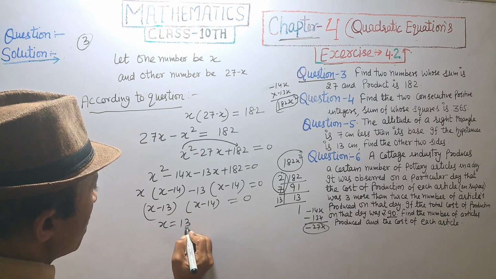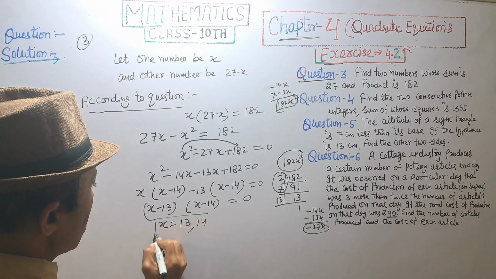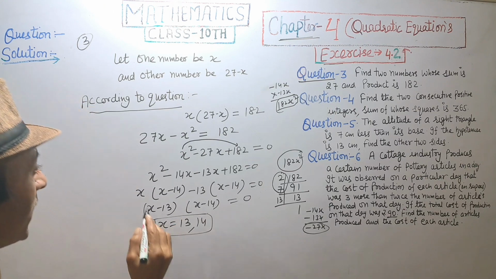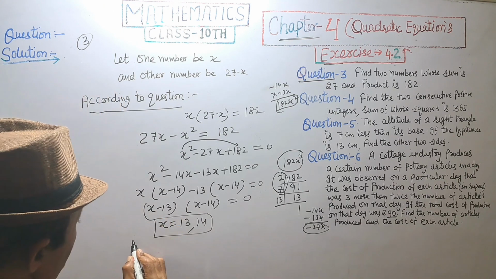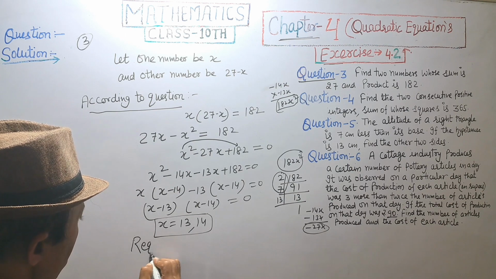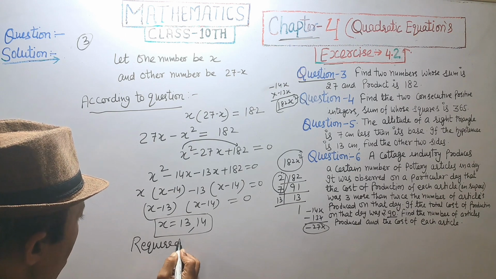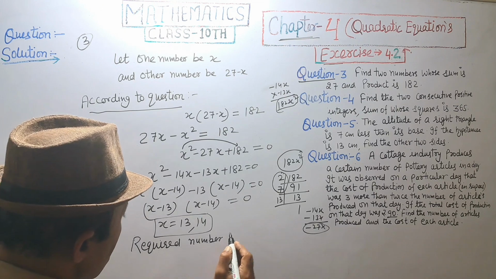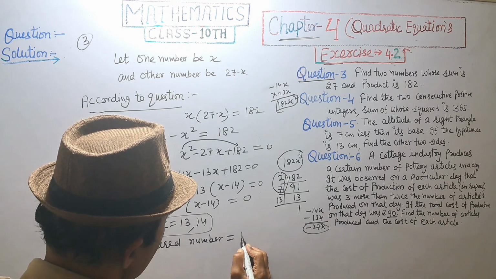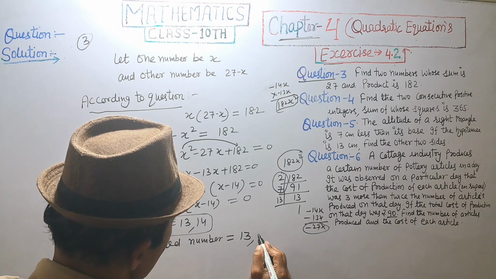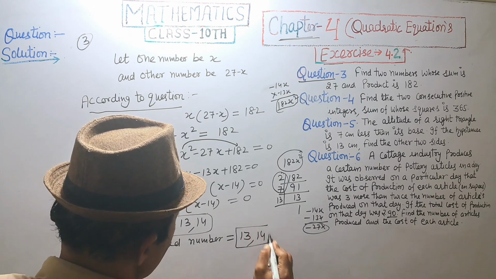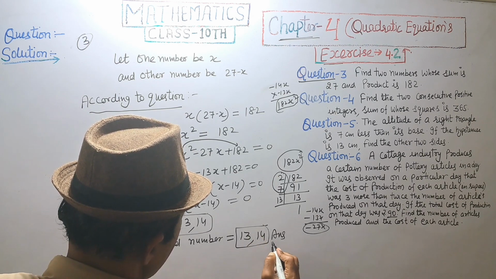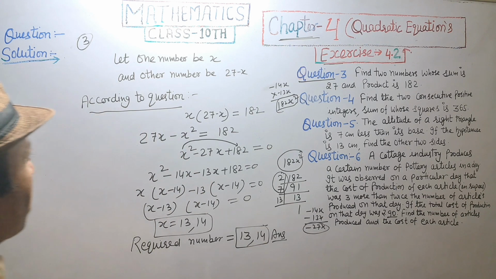So x is equal to positive 13 and 14. Required numbers are 13 and 14. Answer.